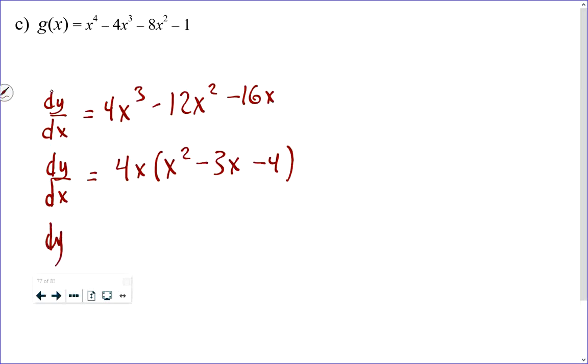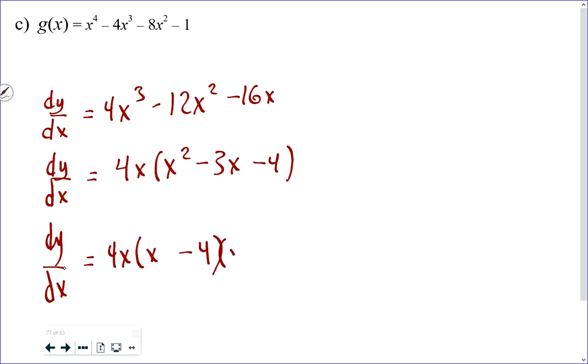I can factor that further into dy dx equals 4x times x minus 4 times x plus 1. Some basic quadratic factoring there. Negative 4 and 1 multiply to give negative 4 and add to give negative 3. Our critical values of x will be negative 1, 0, and 4.